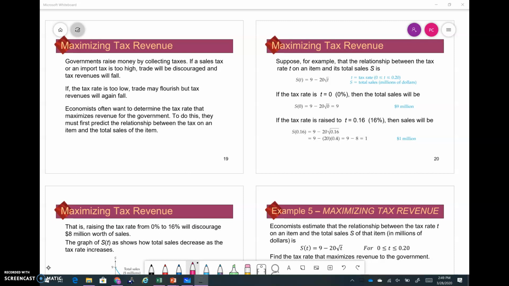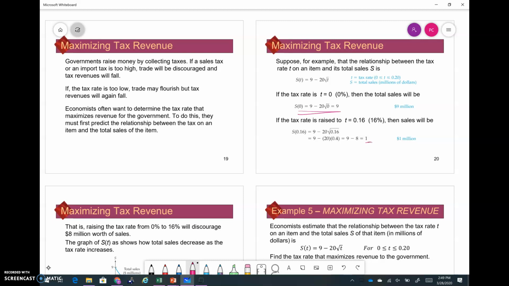So suppose, for example, that the relationship between the tax rate T on an item and its total sales S is S of T equals 9 minus 20 times the square root of T. If the tax rate is 0, then the total sales would be 9. So a 0% tax rate gives us 9. But if the tax rate is raised to 16%, then sales would fall to 1.